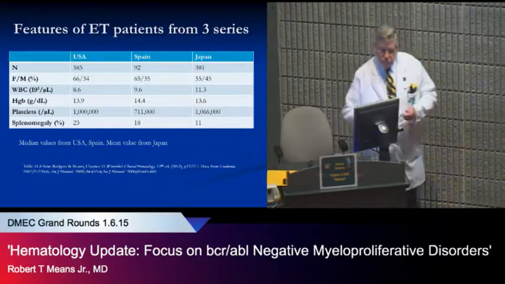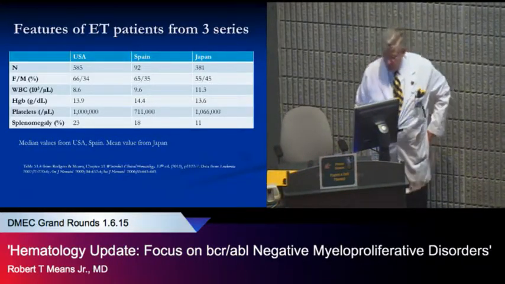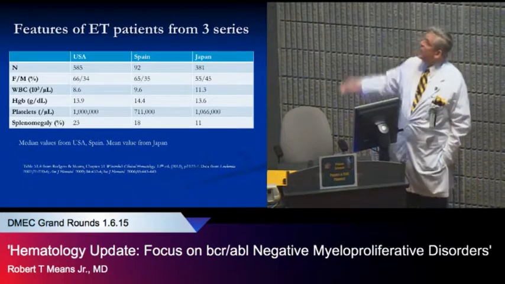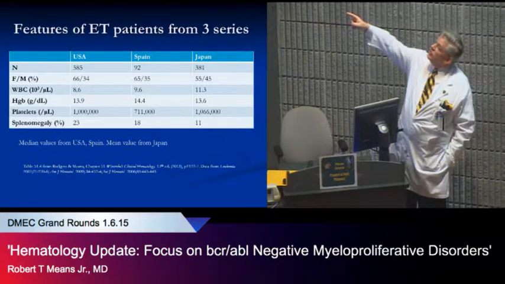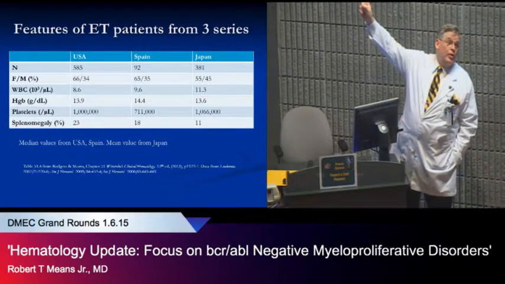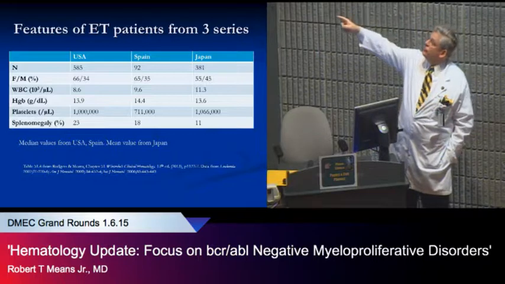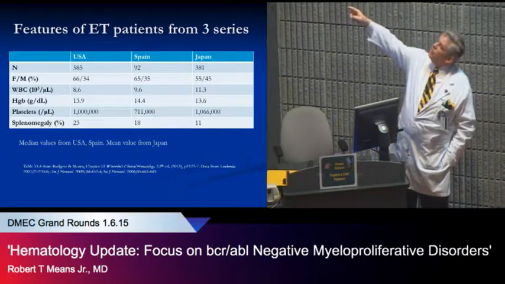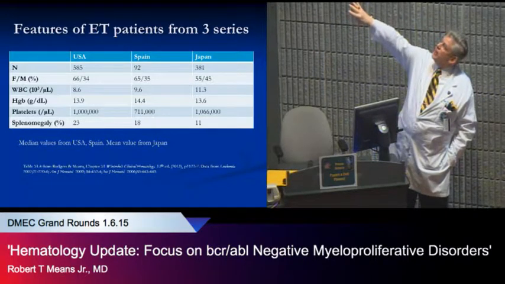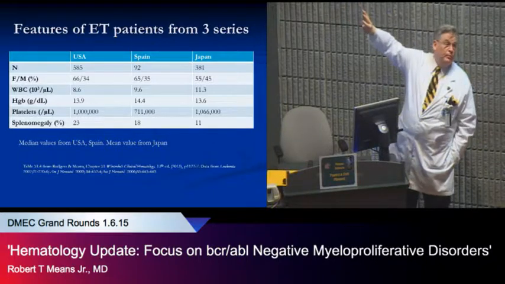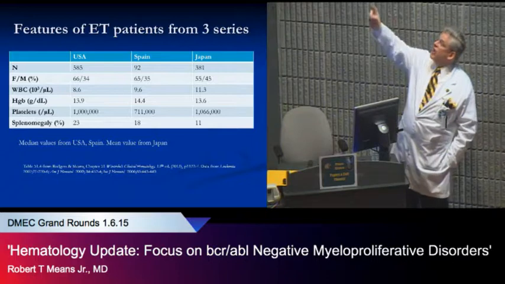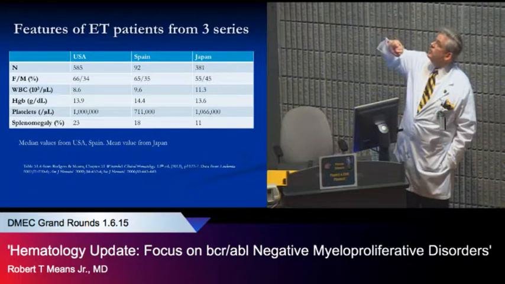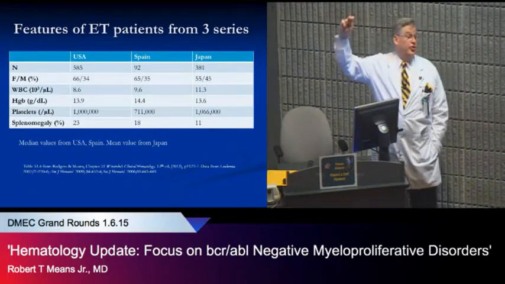So, what are the features of essential thrombocytosis patients? Again, a little bit more women than men. They tend to have a relatively normal white count. Some of the differences here reflect the fact that the US and Spain series are medians, so it's where 50% is on either side, and the Japanese series are mean results.